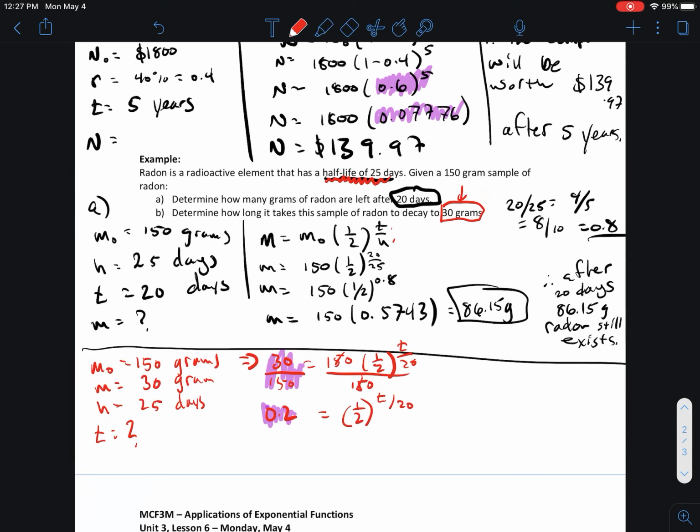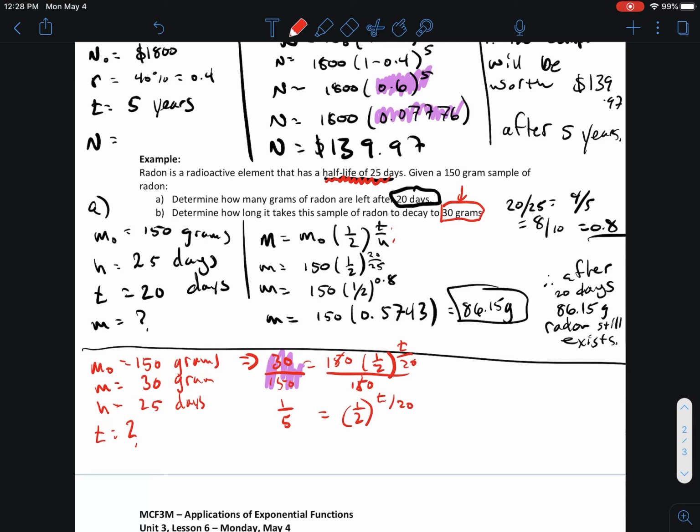Okay, now you're at the stage where you're like, I don't know what's going on, right? And that's pretty common, actually, I would say. You could even, if you didn't like the decimal there, leave this as a fraction. It might be easier, actually, now that I've done this for the second time, teaching this particular lesson.